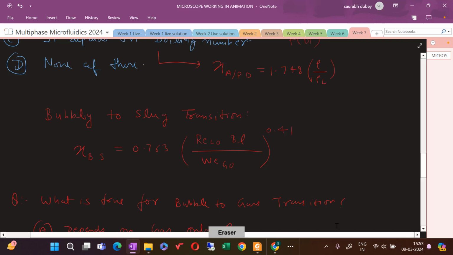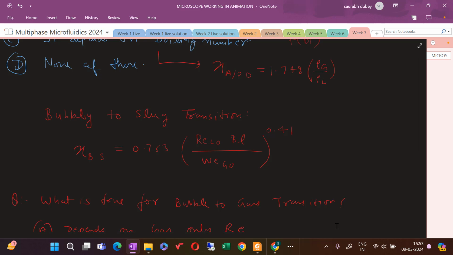Just erase it, and then gas to liquid 0.073, and the multiplications are 0.24 sigma, 0.24 divided by G 0.48, and LH 0.04 divided by D 0.28.